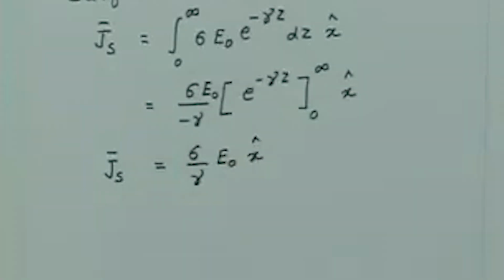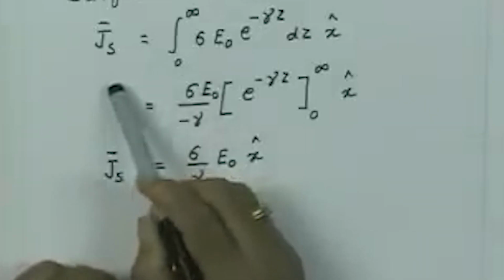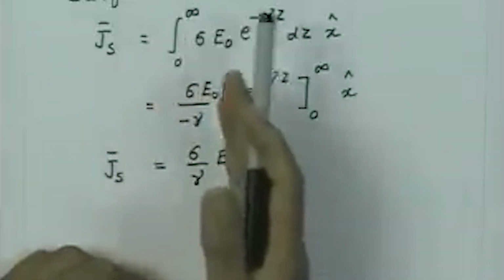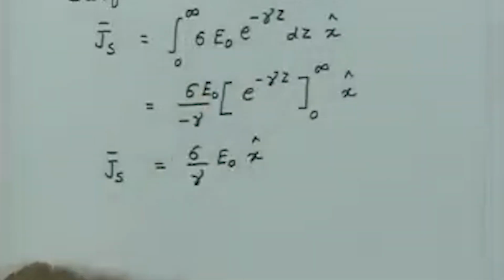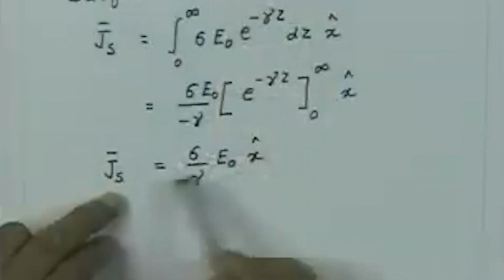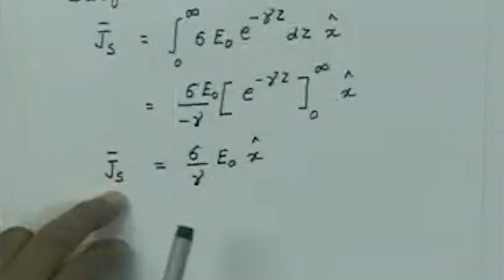Now, this quantity, as I mentioned, we are calling this surface current density. However, we have to justify completely that though this is not truly a surface phenomenon, it has all the properties which the surface current has. And one of the properties we know the surface current has is that the surface current is related to the magnetic field, which is the tangential component of the magnetic field to the surface.